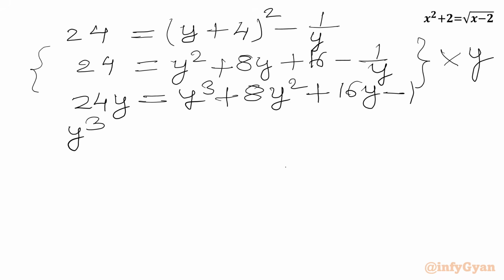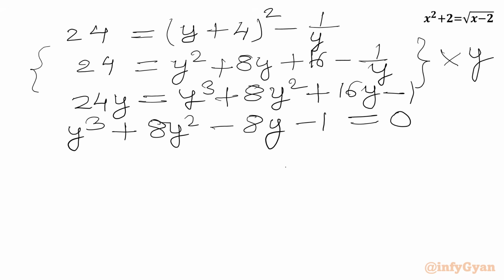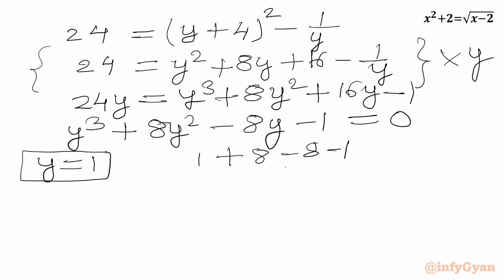So y cube plus 8y square, 16 minus 24 is minus 8y, minus 1 equal to 0. The equation is cubic, and if we plug in y equal to 1, then we get 1 plus 8 minus 8 minus 1. So yes, we are getting 0 from here. So y equal to 1 is our base solution for this cubic equation.